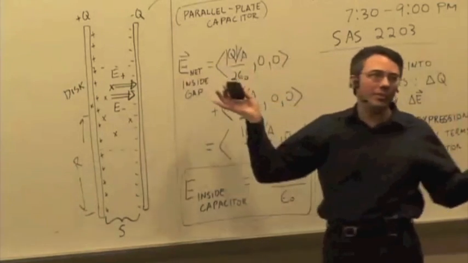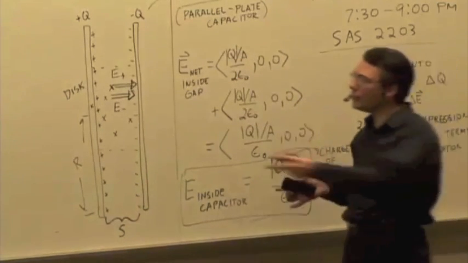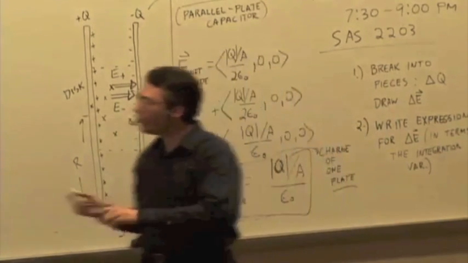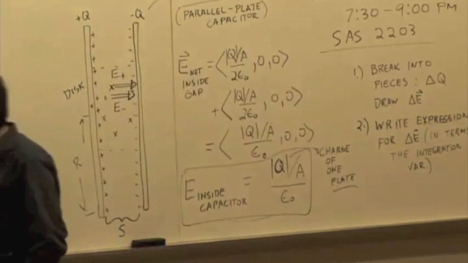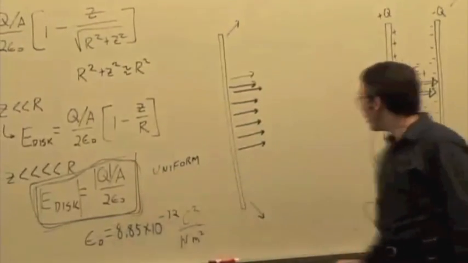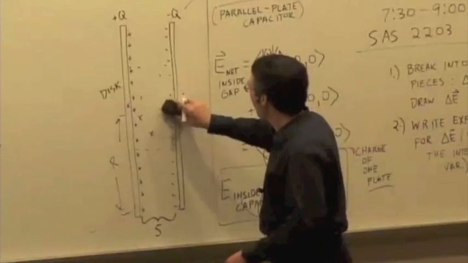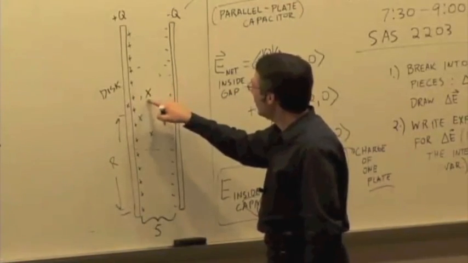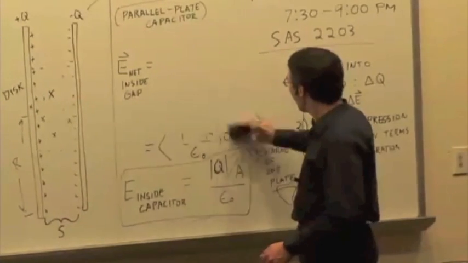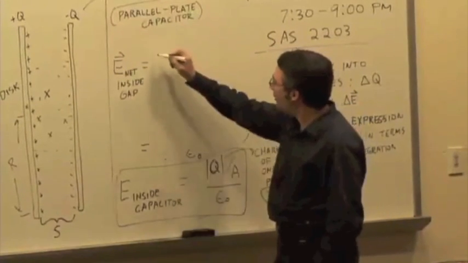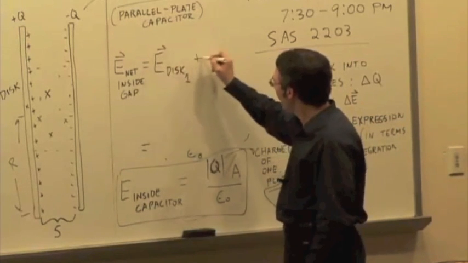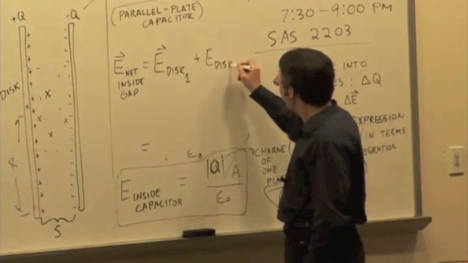I'm applying superposition. I have a positively charged disk and a negatively charged disk, and I already worked out what the field is due to a single disk when I'm close to the disk. Okay. So I've got an observation location in here that is close to disk number 1. So let's write it out maybe in stages. I have the net field. The net field would have to be the electric field due to disk number 1 plus the electric field due to disk number 2.